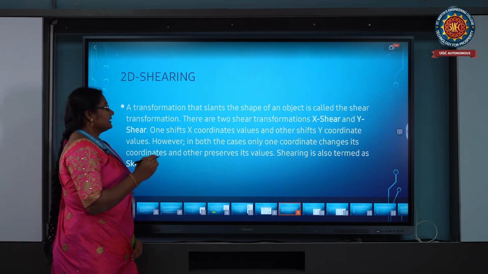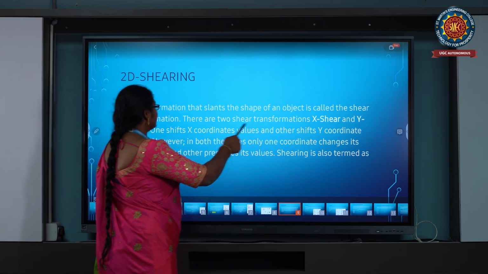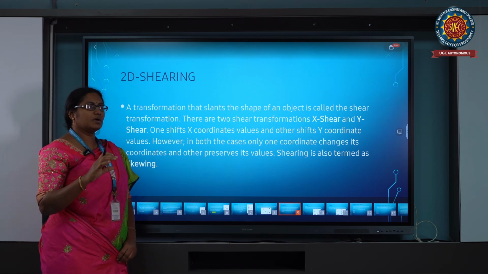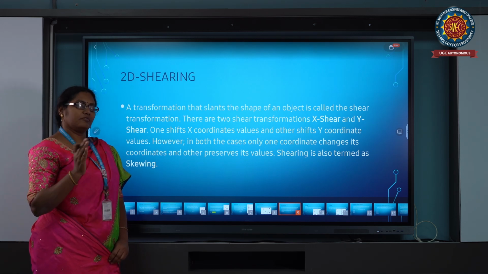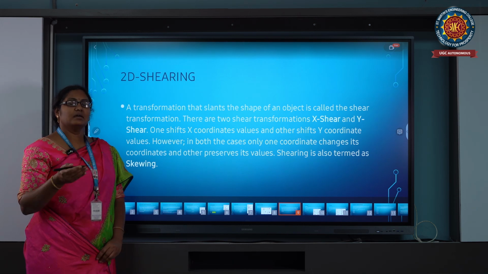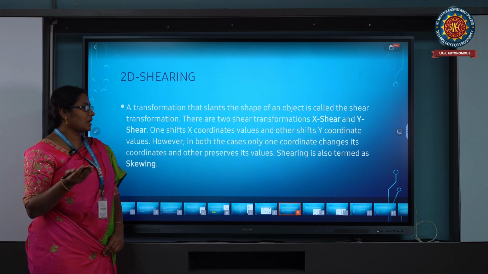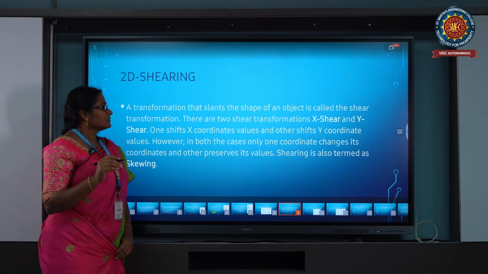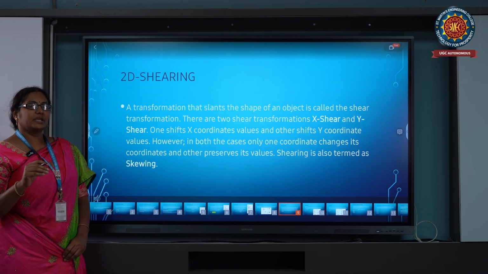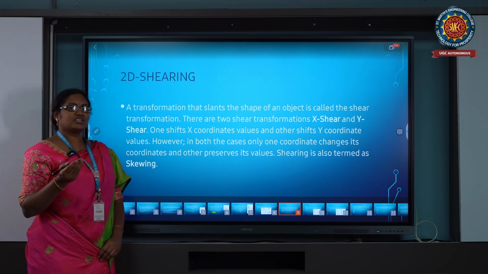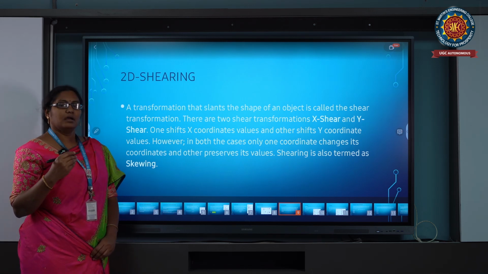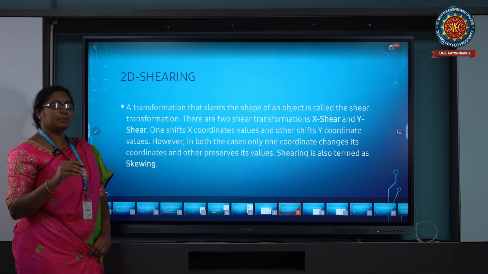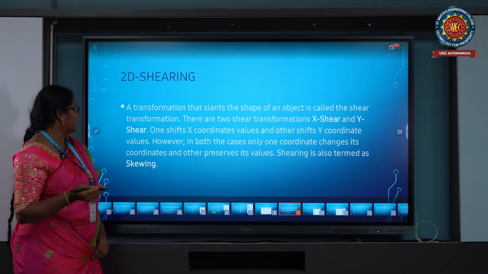A transformation that slants the shape of an object is called the shearing transformation. We can change the object towards the x direction or the y direction, or in both xy directions, denoted as shxy. So shx is shearing the object towards the x direction, shy is shearing the object towards the y direction, and shxy is shearing in a plane, both x direction and y direction.